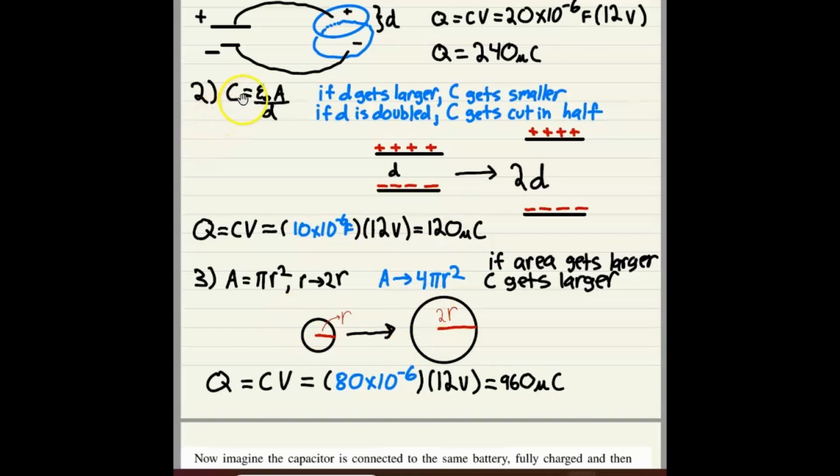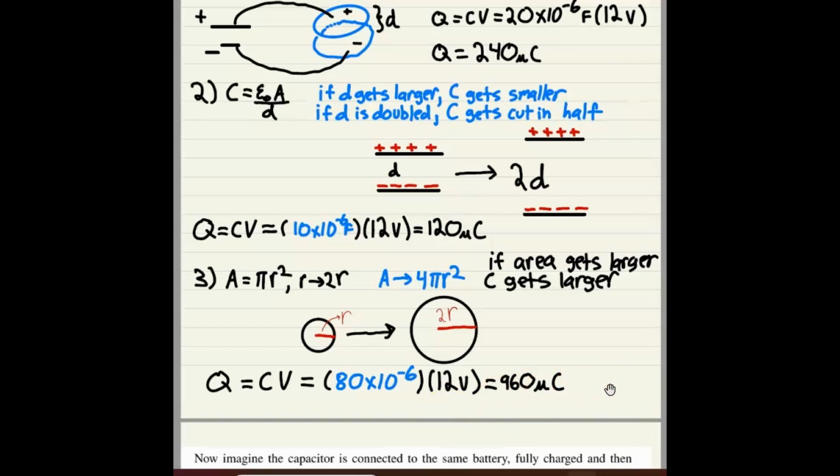And because capacitance is epsilon naught A over D, the capacitance is multiplied by a factor of 4. Therefore, the new capacitance, when the radius is doubled and you still have D as the distance, is 80 microfarads, because 20 times 4 is 80 microfarads. Therefore, Q equals CV equals the new capacitance times the 12 volts from the battery, which is 960 microcoulombs.